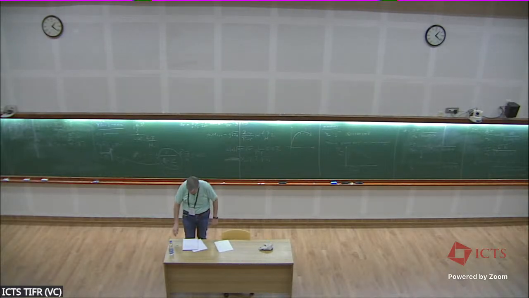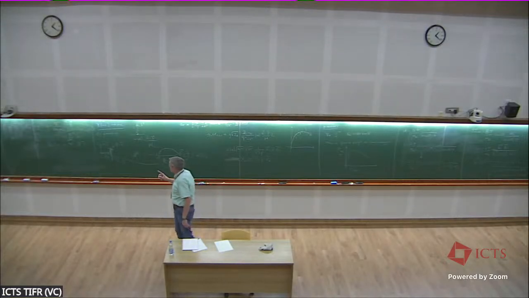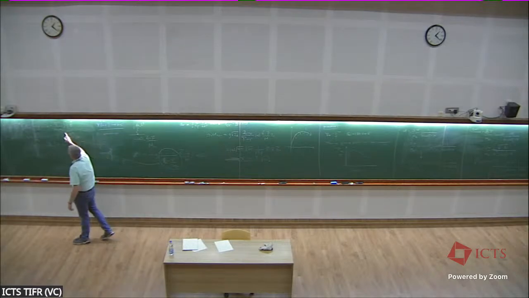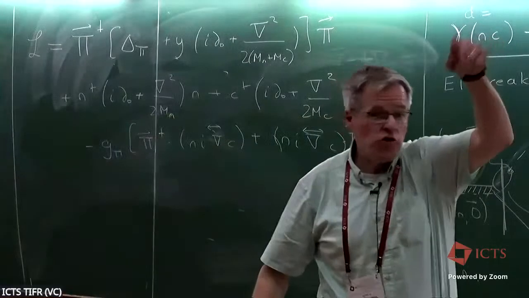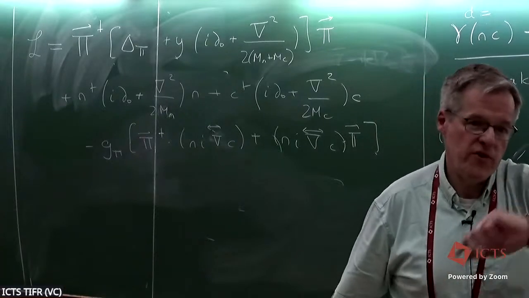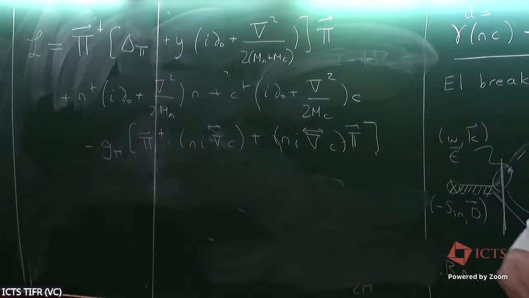Yeah. Yeah, this is right. So this is here to make this, yeah, this is going to give you E minus the total momentum squared divided by 2 times the total mass. So it's going to give you the Galilean invariant energy of the 2-body system.